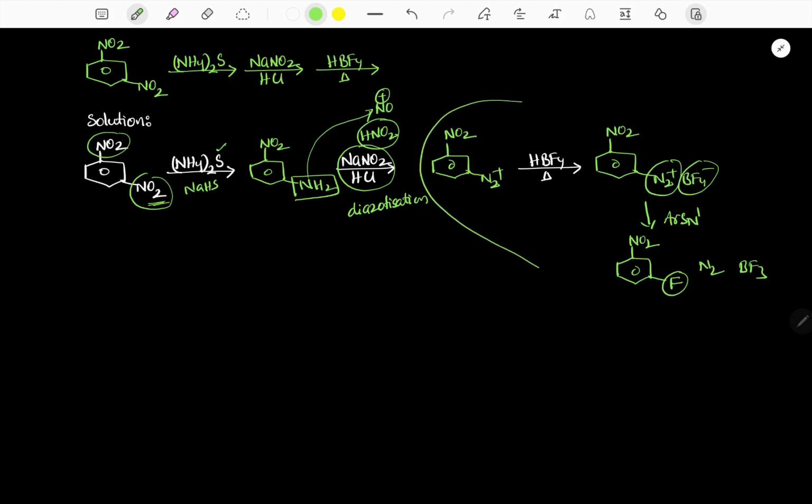So this entire reaction is known as Balz-Schiemann reaction. First reaction is reduction of NO2, second reaction is diazotization, third reaction is SNAr mechanism. So this BF4 minus compound is water insoluble.